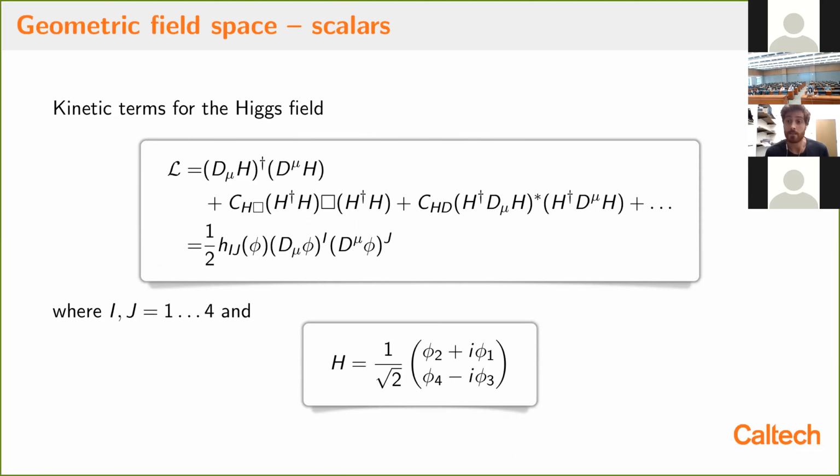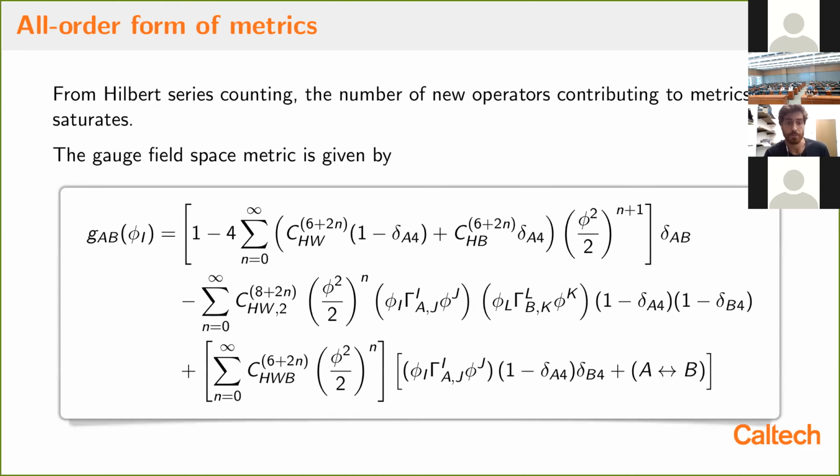And this is really the same thing that Nathaniel was talking about. It's the same looking field space metric, but now for the scalars. So now we have closed form expressions for all the Lagrangian parameters, and we know how to go to the mass angular basis. We can also write down explicit expressions for these field space metrics.